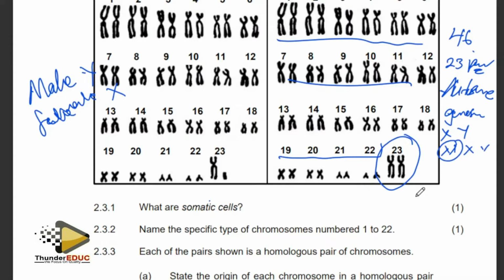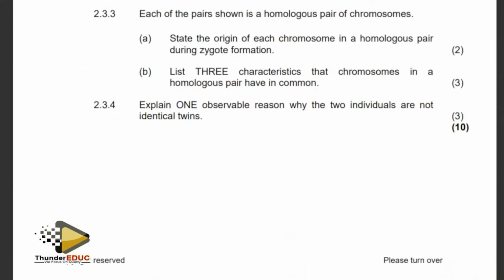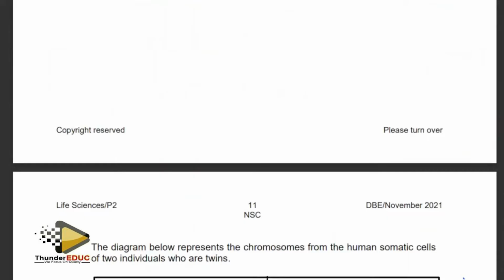If one sperm of X fuses with the ovum, it's going to be identical twin girls. If one sperm of Y fuses, it's going to be identical twin males. So that's exactly what is happening. I'm done with the karyotype.